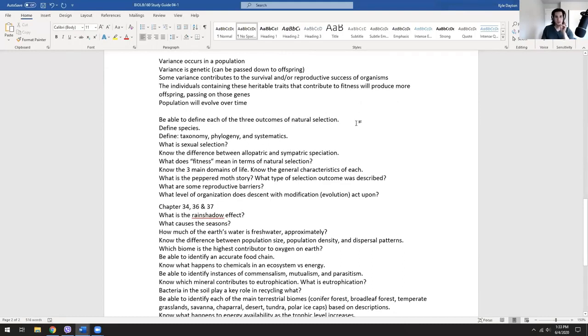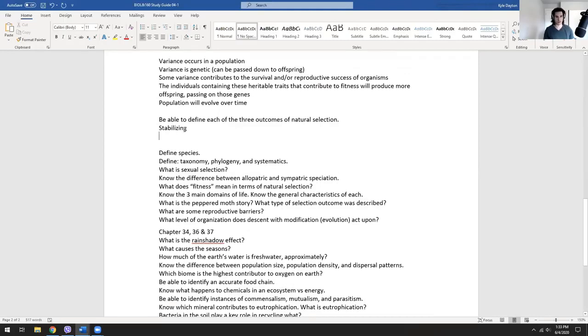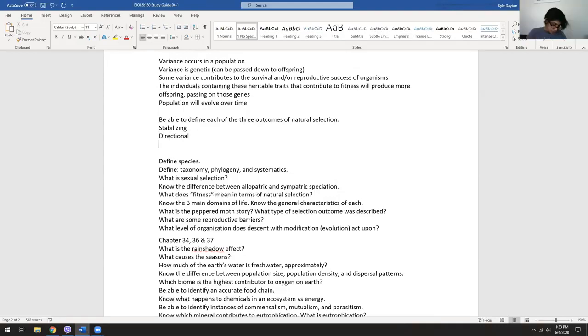Define each of the three outcomes of natural selection. So we had stabilizing. Who can give me the other two? We have stabilizing, so that's when everything converges into one. We had two more. One of them starts with a D. Directional? Yeah, directional. And then what was the other one?